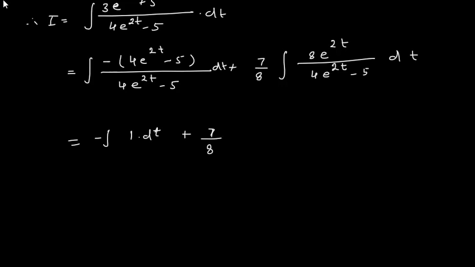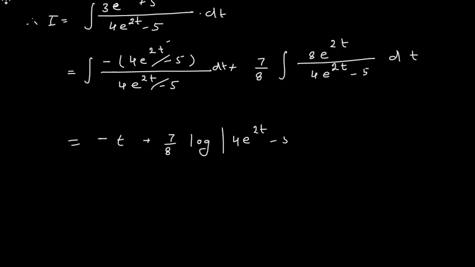or what we do, we directly integrate instead of writing like this. So here it is minus, these two terms will cancel, so it is minus t, plus 7 divided by 8 times log of 4 e^(2t) minus 5, plus c.